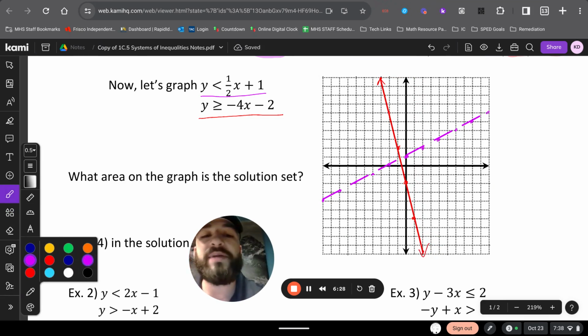And last but not least, we need to add in those shades. So we're going to shade both of them on the same graph, and we're going to see something kind of interesting occur. So my purple graph, it is less than, so I'm shading below.